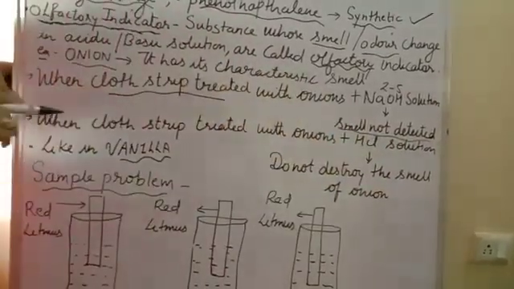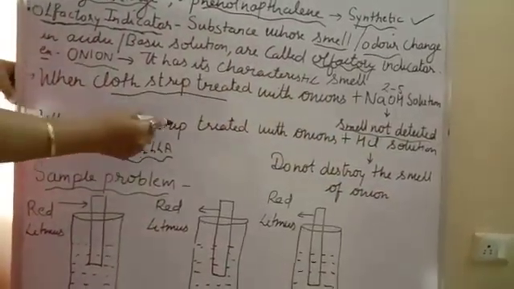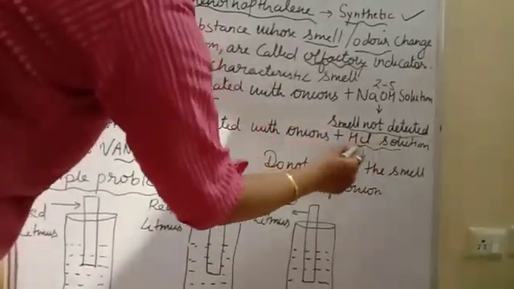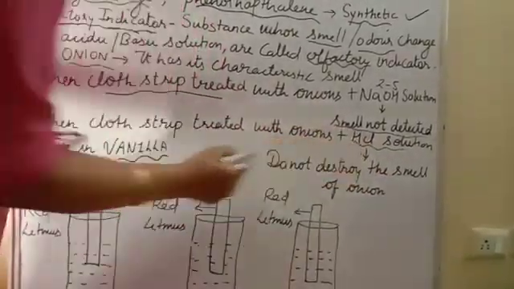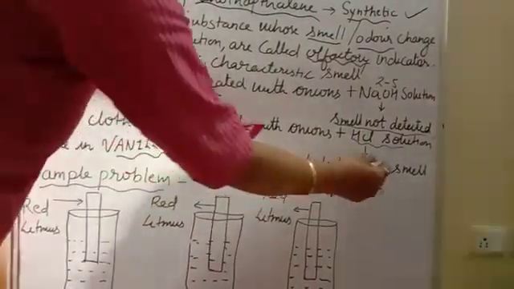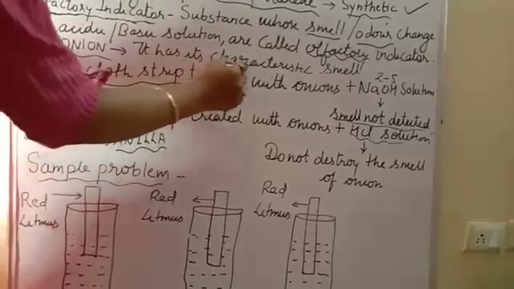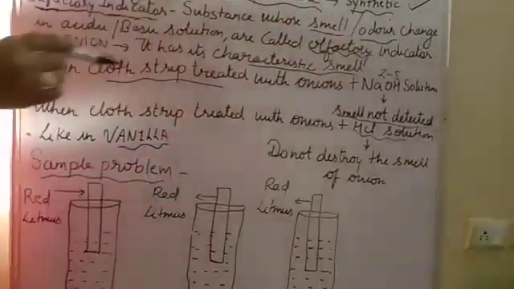But when you treat the same cloth strip with HCl solution, that is acid, you can see the smell of onion is not destroyed, because onion has its own characteristic smell.